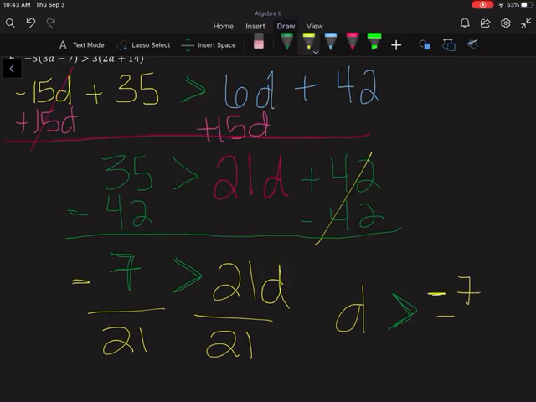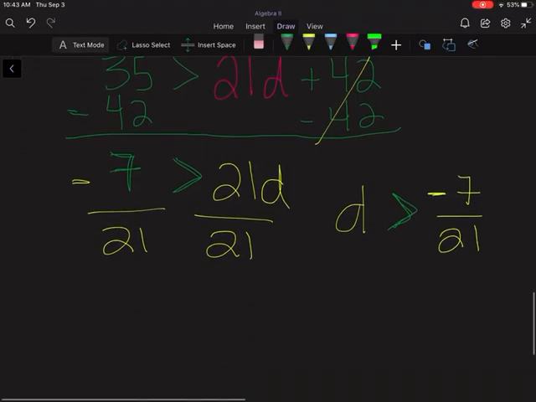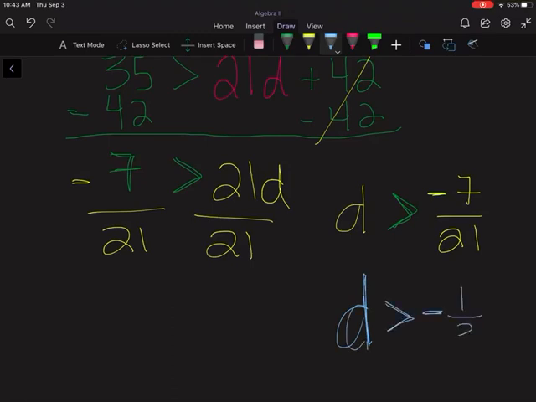Okay, so this would be d is greater than negative 7 over 21, which we can reduce. And so that's d is greater than negative 1/3. All right. My apologies on my arithmetic there. Okay, that's about it.